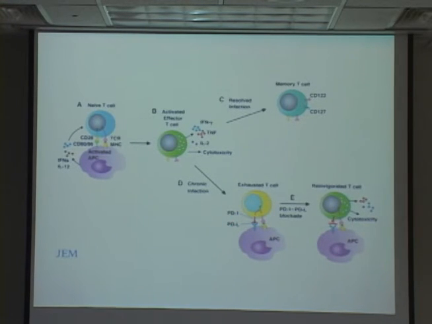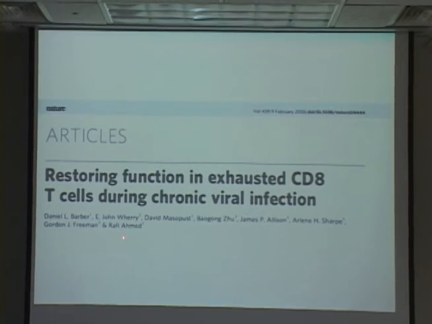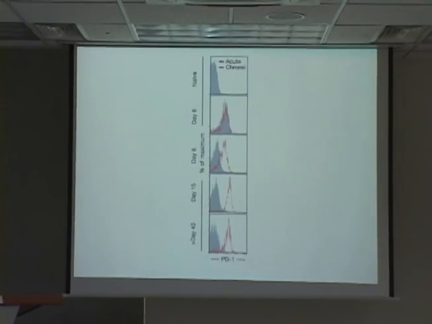And what these guys have found is that if they add an antibody to PD-1, then this suppression is reversed, and the cells can reacquire their cytotoxicity and eliminate the infection. That's illustrated in this paper of Rafi Ahmed, published a couple of years ago now.